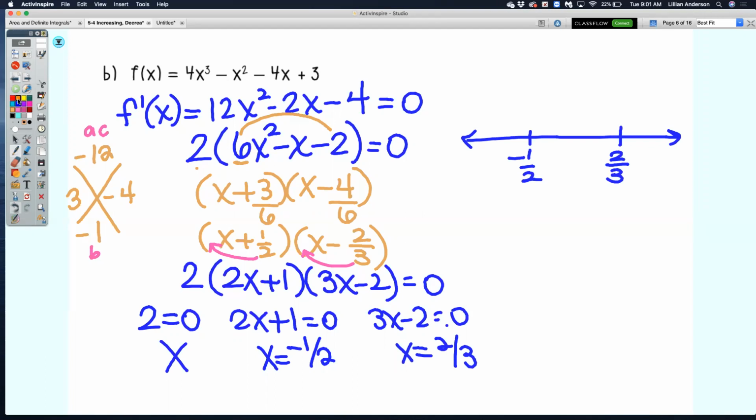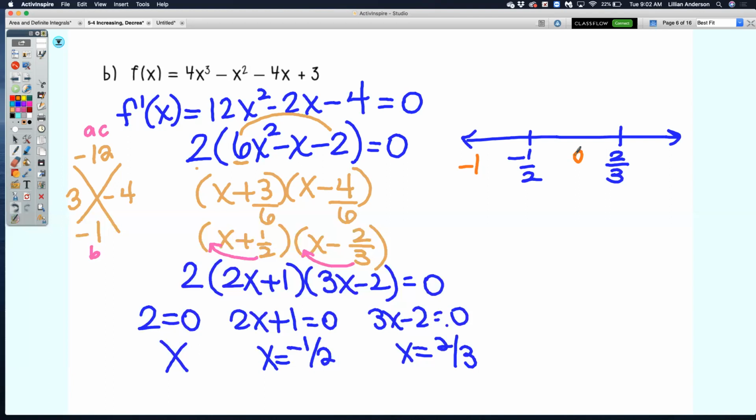Now I need my test points. Remember, my test points are what's going to help me determine where the function's increasing or decreasing. What's the number less than negative 1/2? Less than? Negative 1. What's the number in between negative 1/2 and 2/3? Sure, you can use 0. You can definitely use 0.